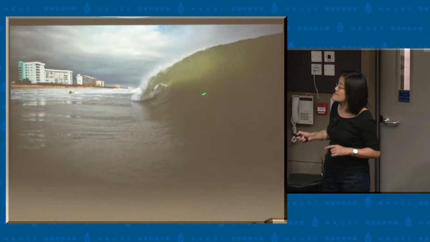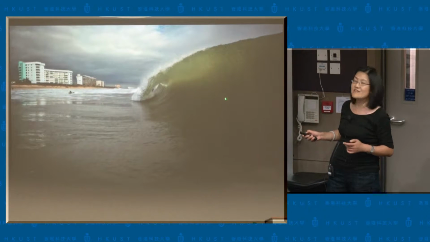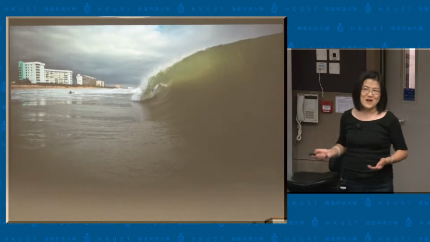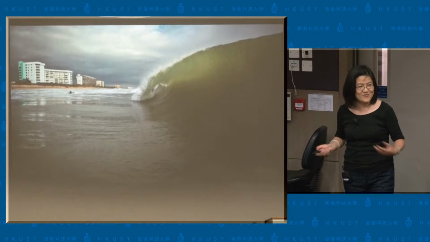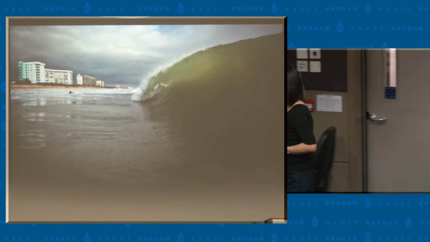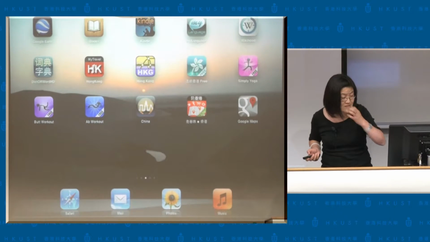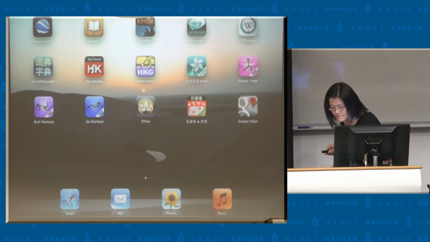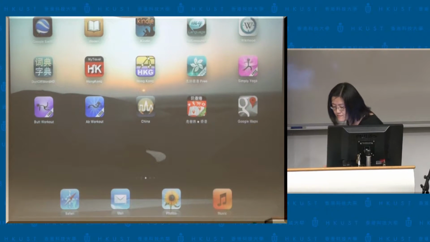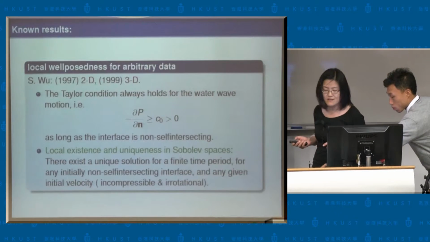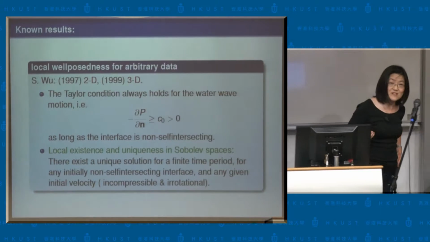Even if the wave overturns, it's stable. Otherwise, if it's all bubbles underneath, you cannot surf, right? So it's really just a fact like that. Just ask me a question at any time.